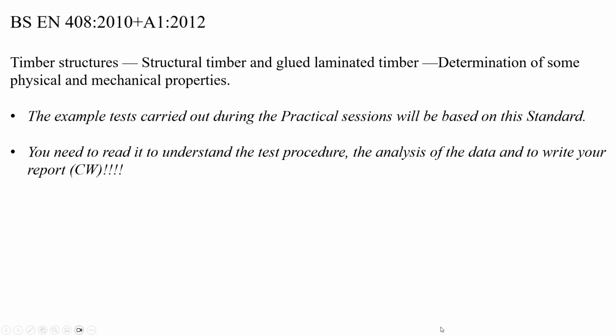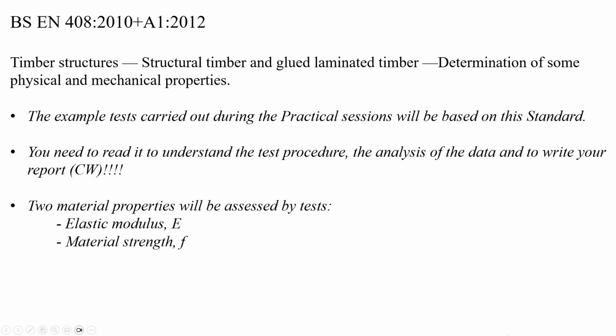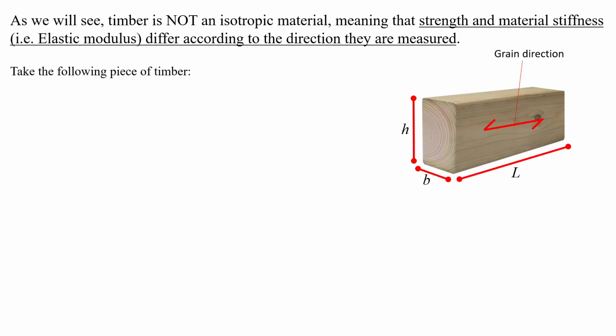All I'm saying here on this slide is that you need to read this. Not the full thing, just the parts that are relevant for you. For today, we're looking at two material properties that will be assessed or tested: modulus of elasticity and material strength. That's what we'll calculate from the first test. The size of our samples is important.